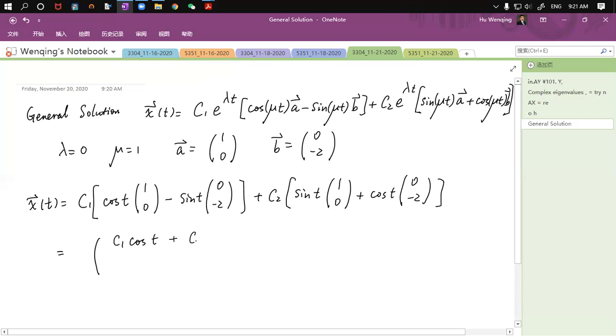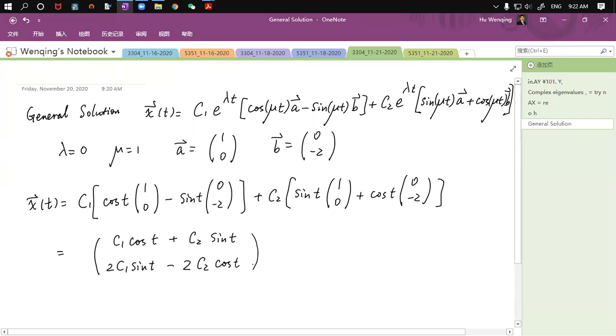Then it's plus C2 of the sine of t. And then you have C1 sine t times minus 2, so minus 2C1 sine t, plus C2 cosine t multiplied by minus 2. That gives you minus 2 times C2 of the cosine of t. So that's going to be your solution.